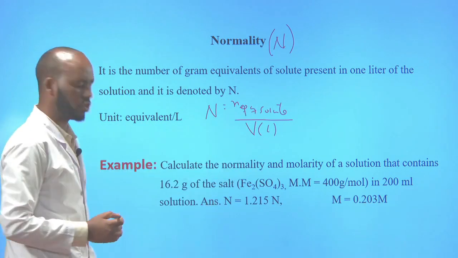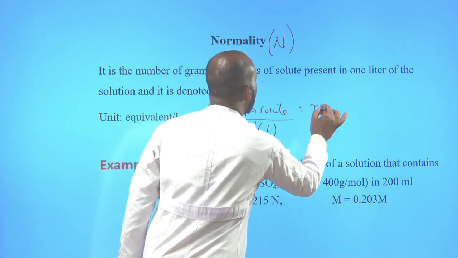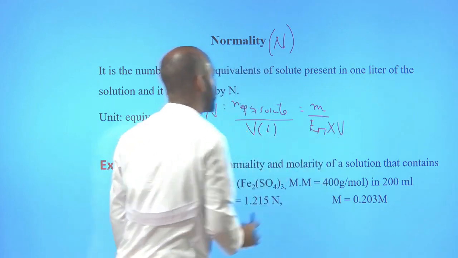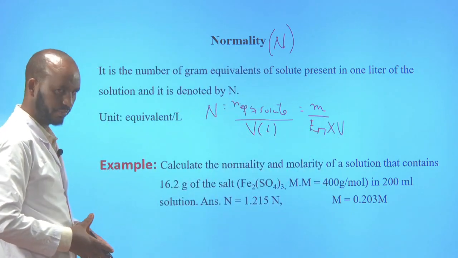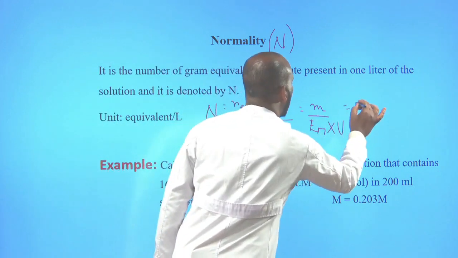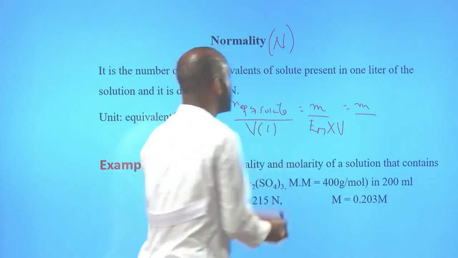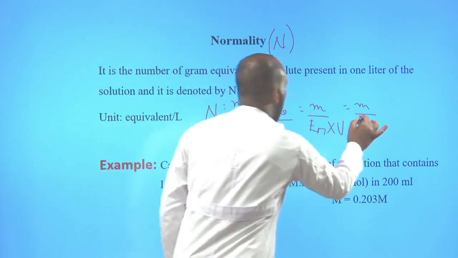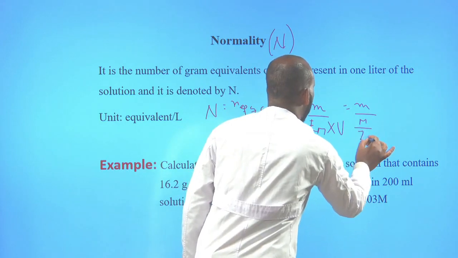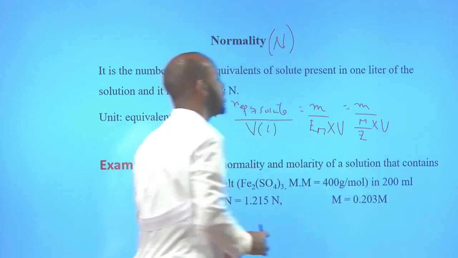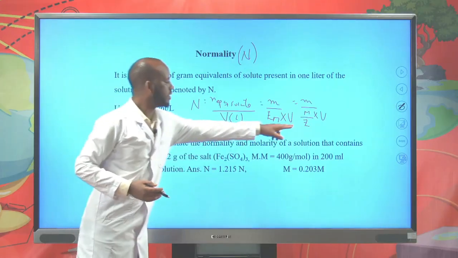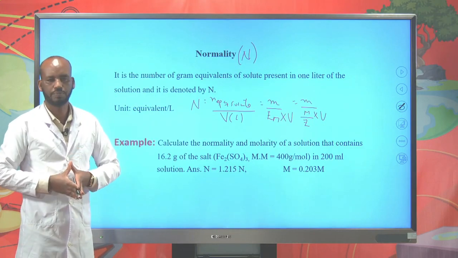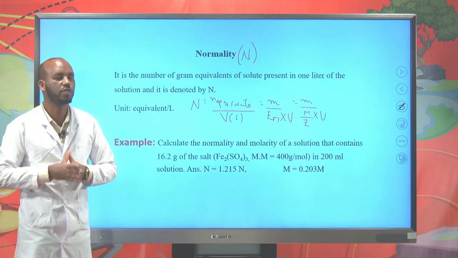Number of equivalents of solute equals mass of the solute divided by equivalent mass of the solute. Equivalent mass is molar mass of the solute divided by Z. So normality equals mass of the solute divided by molar mass divided by Z, times volume of the solution in liter. Here Z for an acid is the number of hydrogen ions released by one formula unit of the acid.